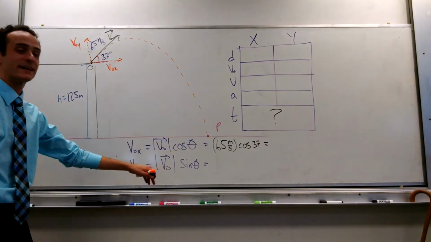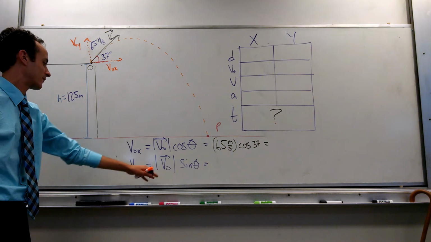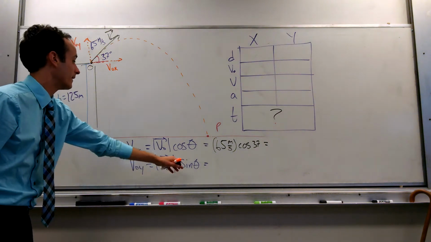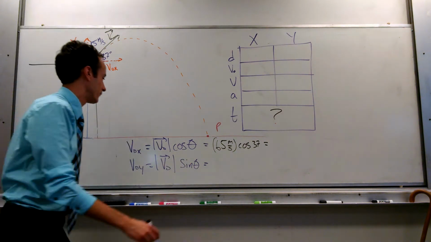To get v naught y, it's again the magnitude of the initial velocity vector, 65 meters per second, times sine of the angle, which is 37 degrees.